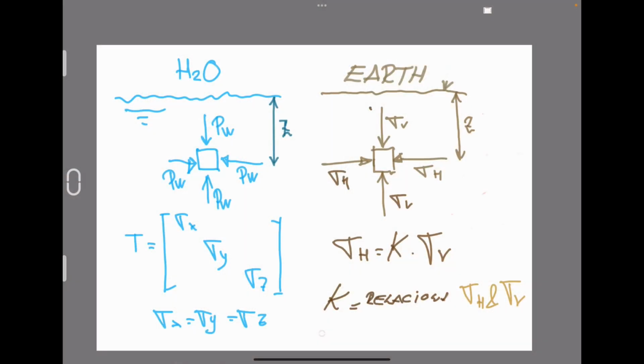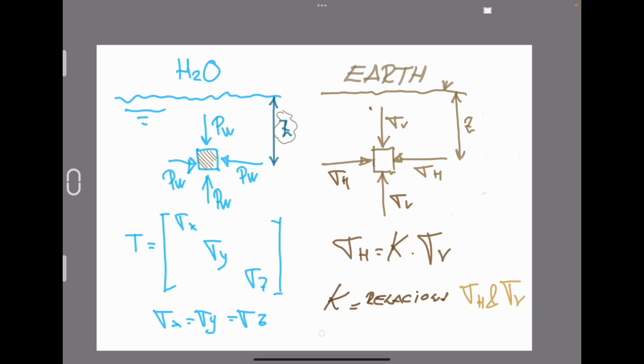In order to explain how the lateral pressure acts against any lateral retaining structure, it is interesting to fix our attention on the behavior of the earth and the water. Let's start with the water. As you can see in the sketch located on the left side of the image, we can find a differential element of water located at a depth of z.